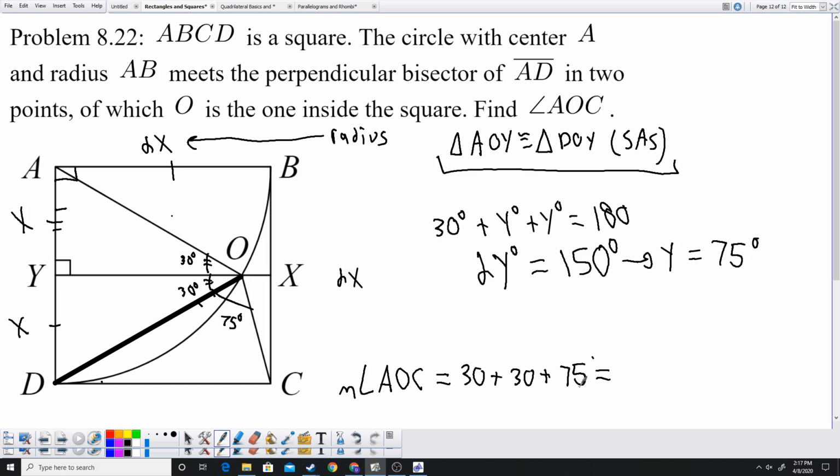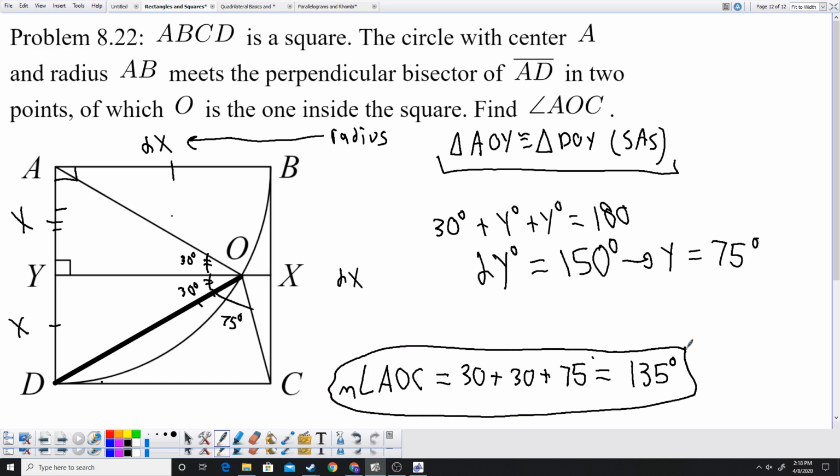Now 30 and 30 is 60, and 60 and 75 is 135. So the total measure is 135. And there you have it.